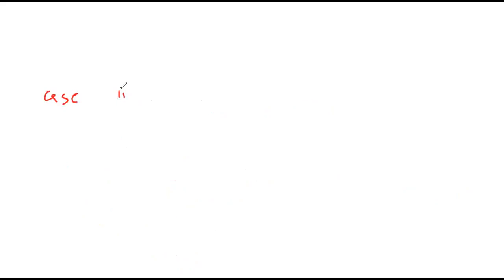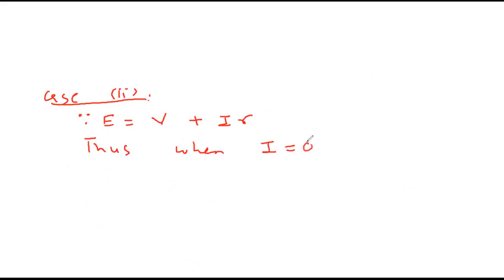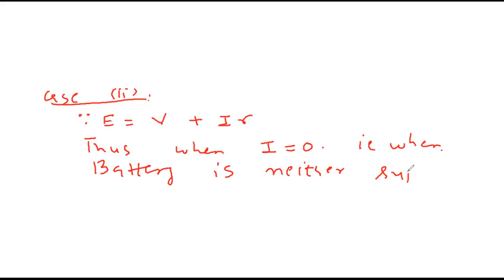Case 2. Since E is V plus I into r, thus when I equal to 0, that is when battery is neither supplying nor drawing.